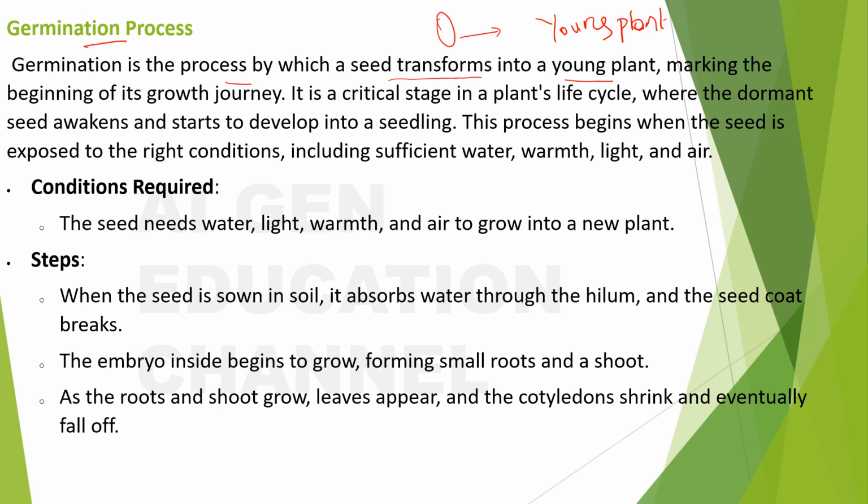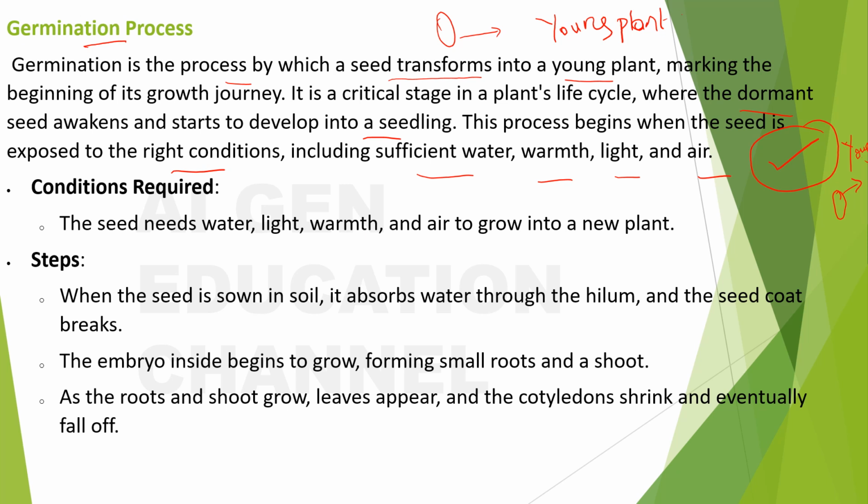This process begins when the seed is exposed to the right conditions, including sufficient water, warmth, light and air. When these are provided, the seed will start its journey to become a young plant.